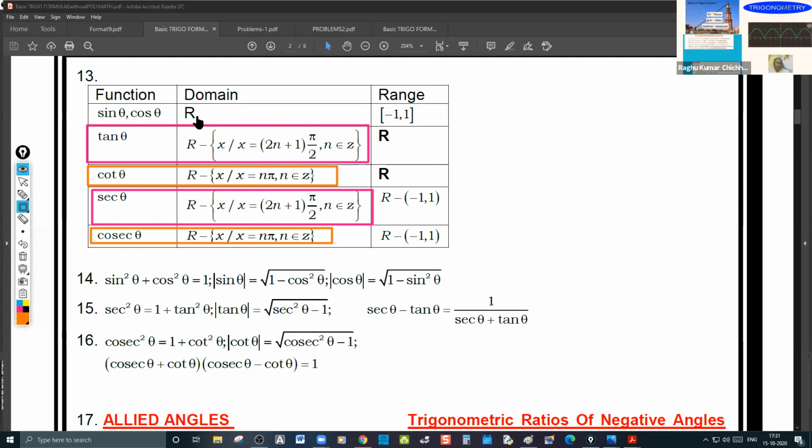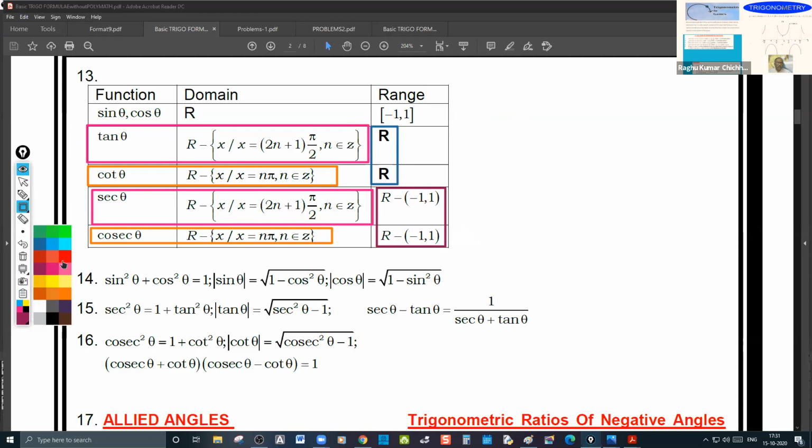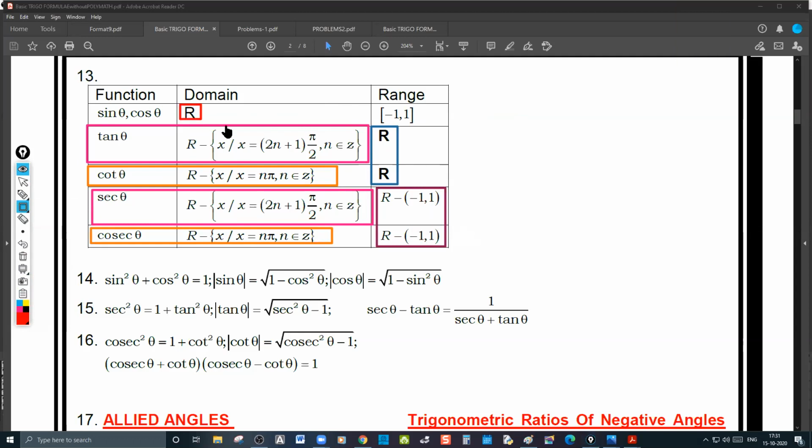And similarly, the domains of sine and cos are the same, their ranges are the same, and the ranges of tan and cot are the same. Similarly, the ranges of secant and cosecant are the same. Just check it out, please. How to remember this? What is the range of sine and cos, please? Closed minus 1 to 1, closed. Okay.